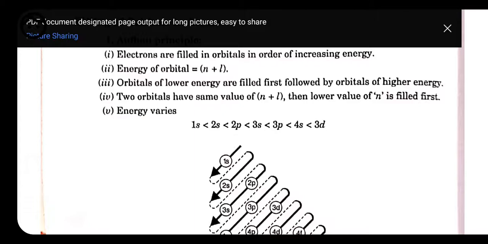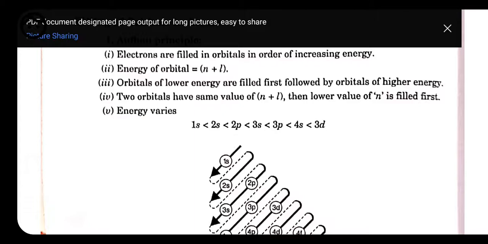So if we compare 4s and 3d, why is the electron filled in 4s first and then 3d? For 4s, n is 4 and l is 0, so 4 plus 0 is 4. For 3d, n is 3 and the value of d is 2, so 3 plus 2 is 5. It means 3d has more energy as compared to 4s. That's why 4s is filled first as compared to 3d.